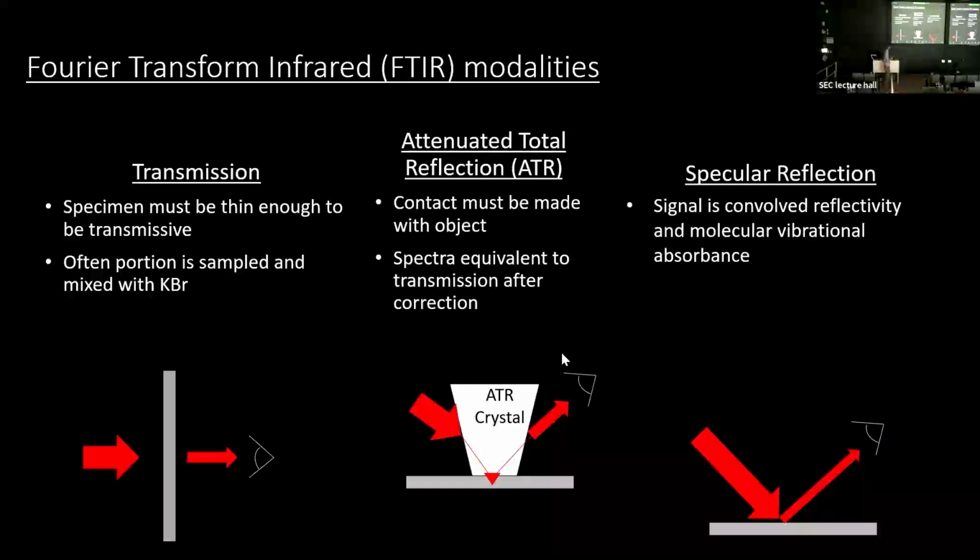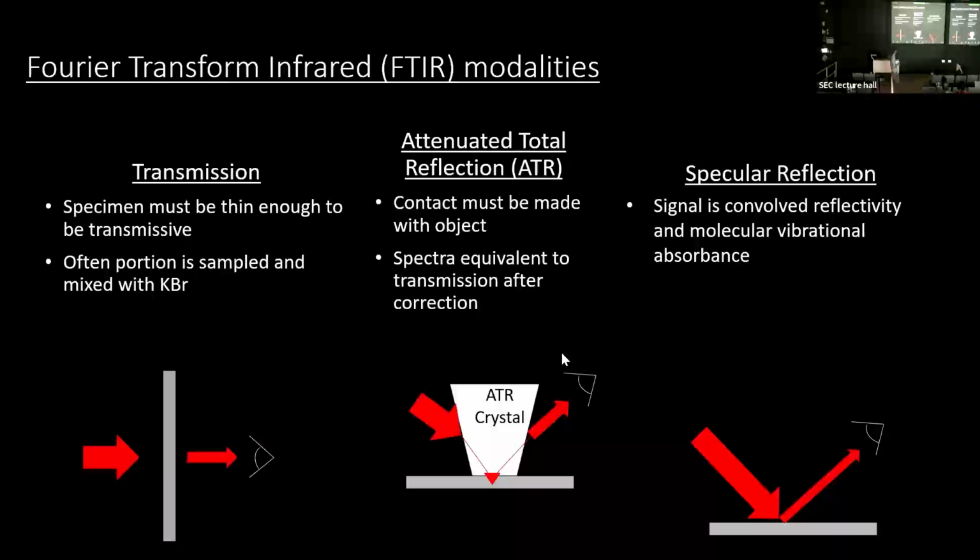All right, so in ATR, we use a trick called total internal reflection. We have an infrared transparent crystal. This can be zinc selenide, it can be silicon, it can be germanium, it can be diamond. The two ATR crystals I have in lab are diamond and germanium.